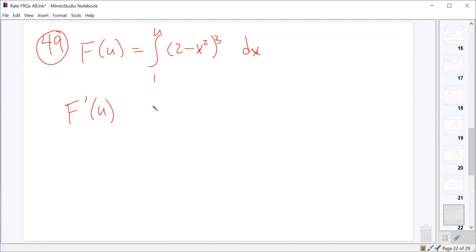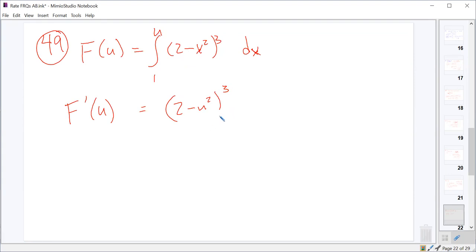So f prime of u should just be a simple substitution of the u into this, 2 minus u squared cubed, and that should be literally it. That's just the fundamental theorem of calculus.